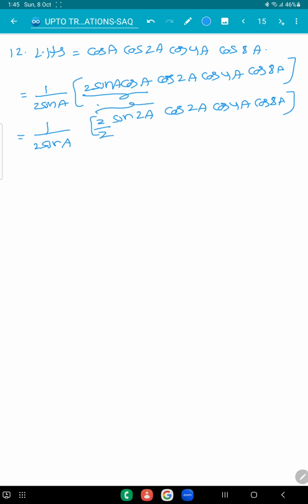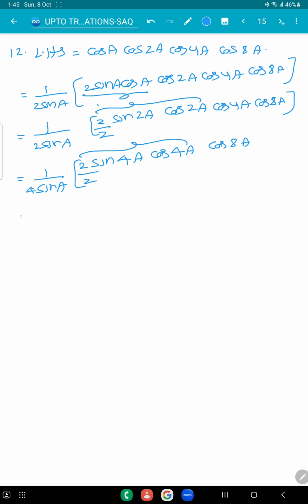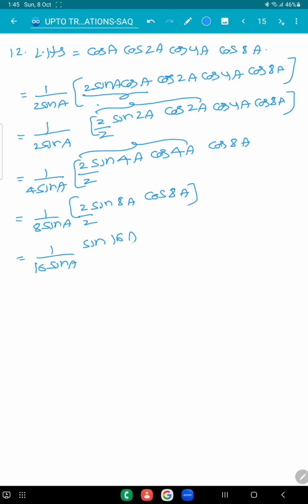Multiplication and division by 2, so this becomes 1 by 4 sin a, 2 sin 2a cos 2a, which is sin 4a, cos 4a, cos 8a. Again multiplication and division by 2, this is 1 by 8 sin a, 2 sin 4a cos 4a, which is sin 8a, cos 8a. Multiplication and division by 2, 1 by 16 sin a, 2 sin 8a cos 8a, which is sin 16a. So this is equal to the right hand side.